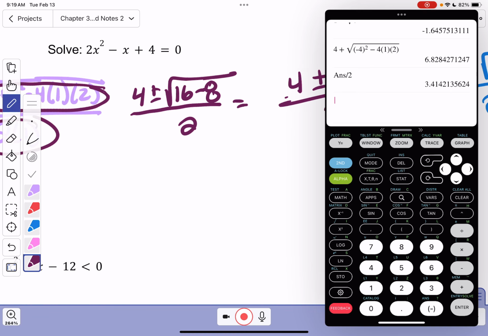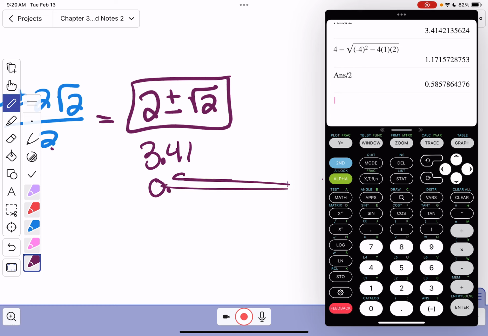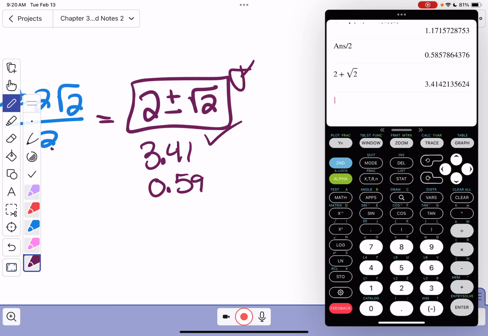And then if I did again, 4 minus the square root of negative 4 squared minus 4ac divided by 2, I would get 0.59. And if I just type those, 2 plus square root 2 and 2 minus square root 2, I get the same thing. So you can do it by hand, you can do it on the calculator, that's up to you.